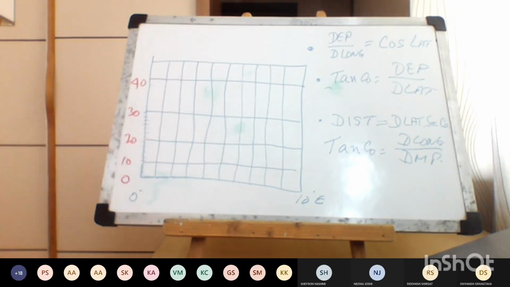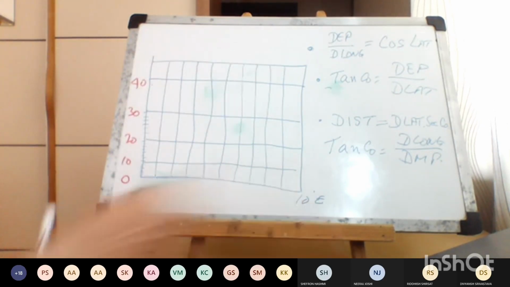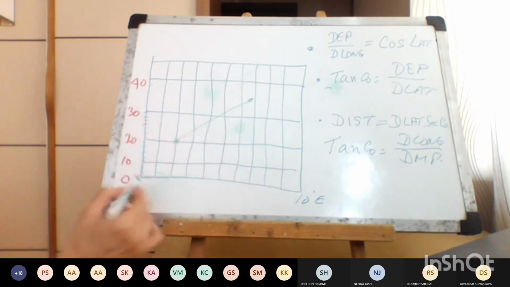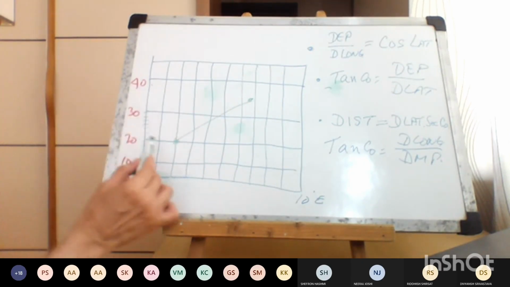Why I'm bringing up this point is because I find a lot of candidates, when they're doing chart work and they have to measure a distance over here, let's say a distance like this, either they will start from here because they are too lazy maybe to bring their hand up.